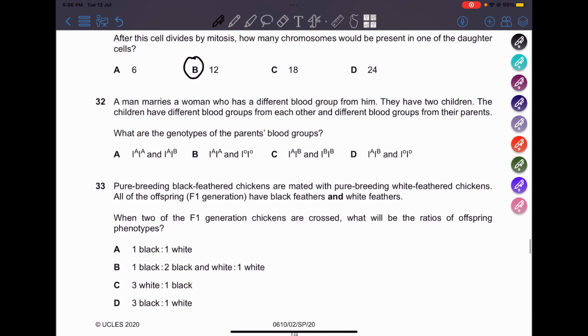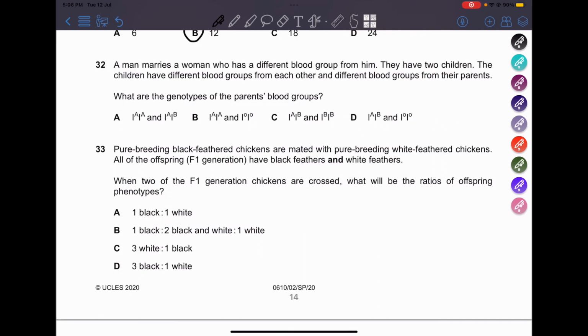32. A man marries a woman who has different blood group from him. They have 2 children. The children have different blood groups from each other and different blood groups from their parents. What are the genotypes of the parents' blood groups? So over here we're going to be trying out each of the genotypes and see if they have different genotypes from each other, and the man has different blood groups from his wife.